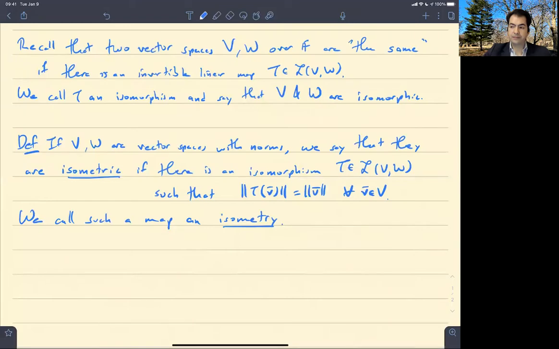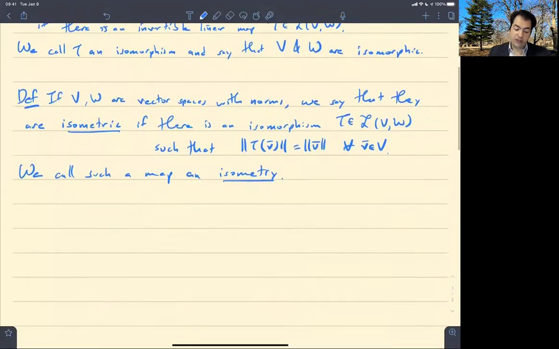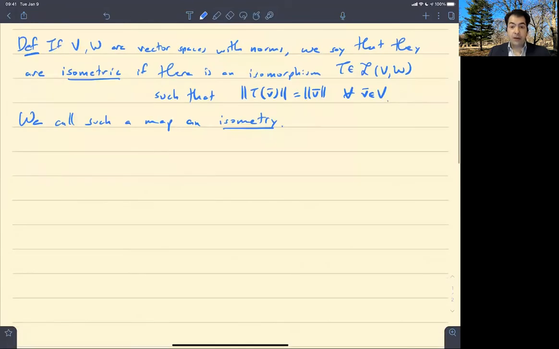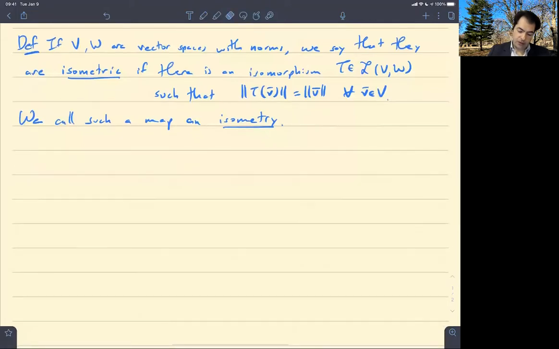Okay. So just like isomorphic vector spaces are vector spaces that are really the same vector space, possibly one is in disguise, same thing with isometries: you have the same normed space, possibly one looks a little different than the other. So here is an example.